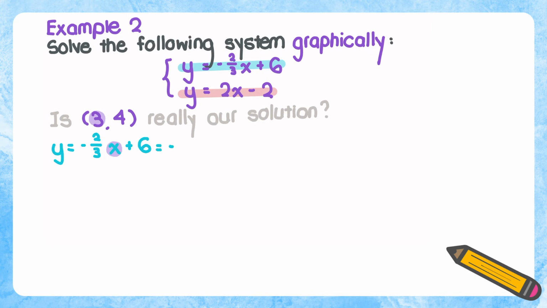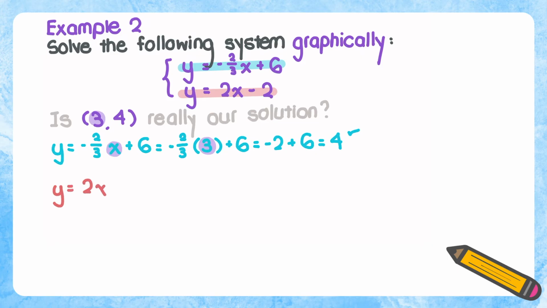So we're going to calculate negative 2/3 times 3 plus 6. I've replaced the x with the 3. Negative 2/3 times 3 is negative 2, and then the plus 6. And negative 2 plus 6 equals 4, which is the y value of the coordinate point we found.